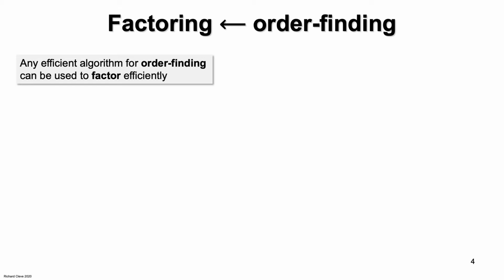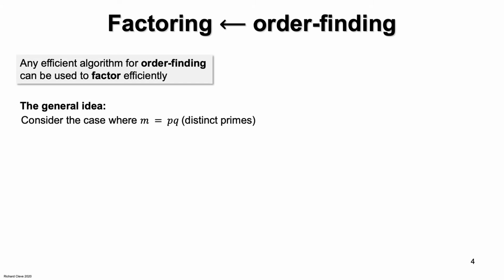For simplicity, I'm going to explain it for the case where m, the number to be factored, is the product of distinct primes, p and q. That's the hardest case, and the case that occurs in cryptographic applications. So our input is m, an n-bit number, and our goal is to determine p and q.